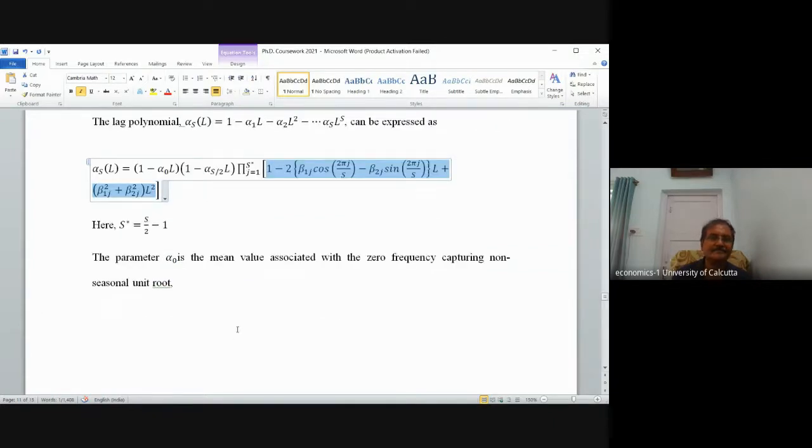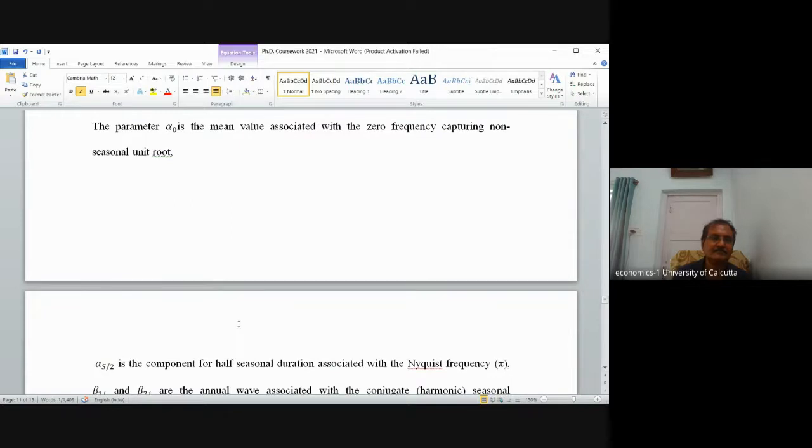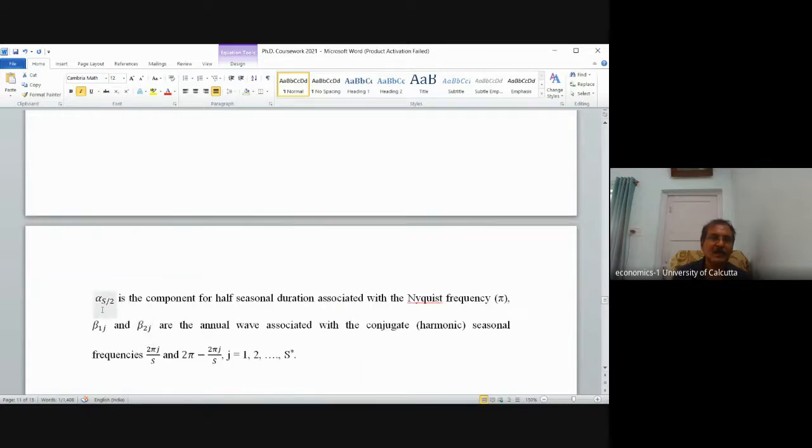So alpha s by 2, in the case of quarterly data, becomes alpha 2; in the case of monthly data, it becomes alpha 6, like this. In all cases, it measures the half seasonal duration associated with the Nyquist frequency pi.